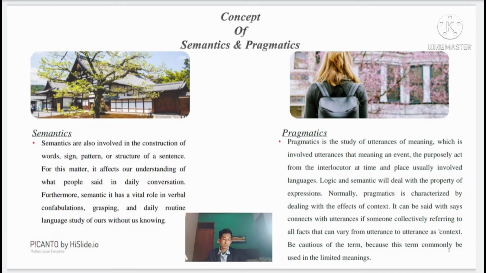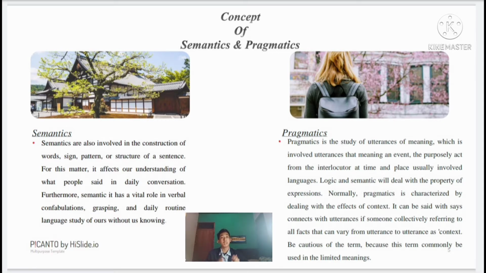A few examples of semantics will help you to see many meanings from the words of English. Semantics also involves the construction of words, signs, patterns, or structure of a sentence. It affects our understanding of what people say in daily conversation. Furthermore, semantics has a vital role in verbal communication and daily language study without us knowing.